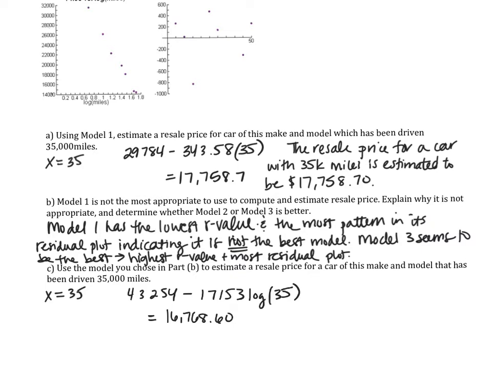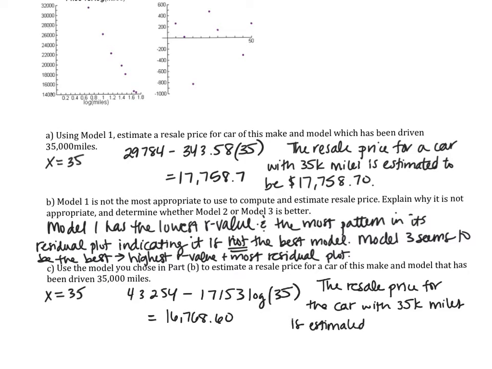So the more accurate resale price for the car with 35,000 miles is estimated to be $16,768.60.